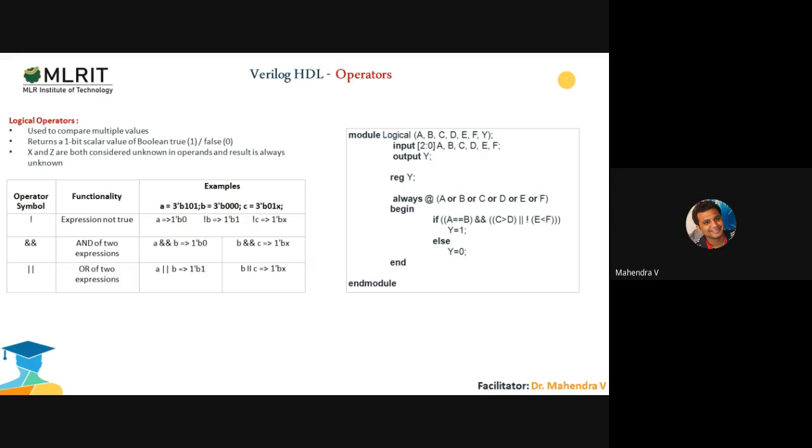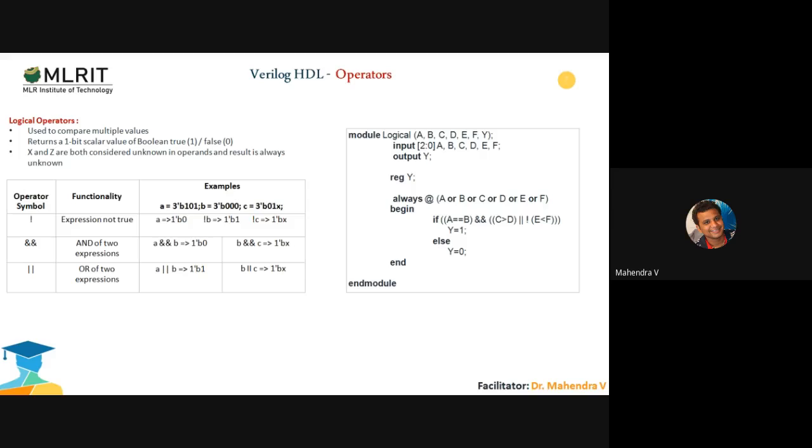Now the next kind of operators are logical operators. You can see we have seen the bitwise operator and the reduction operator, and here we are seeing the logical operator, but all perform the same kind of operation. Logical AND and logical OR are logic gate operations, but these logical operators are performed on expressions and return the value 1 or 0, true or false.